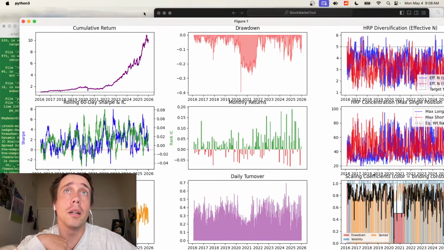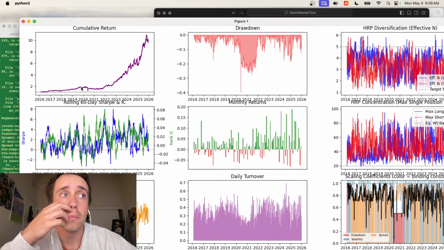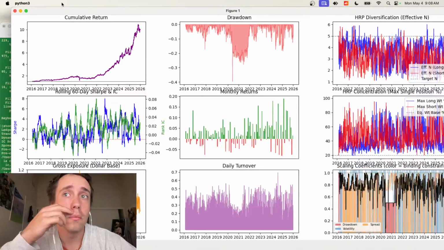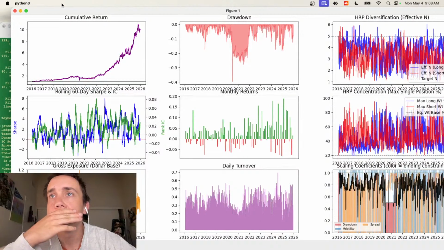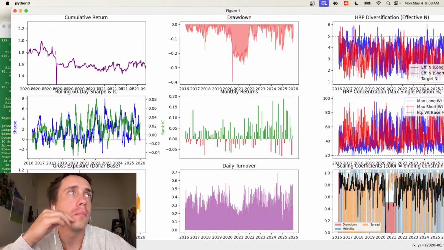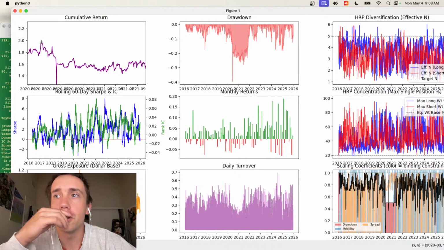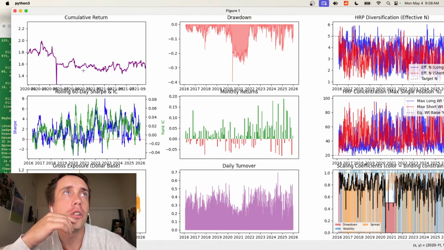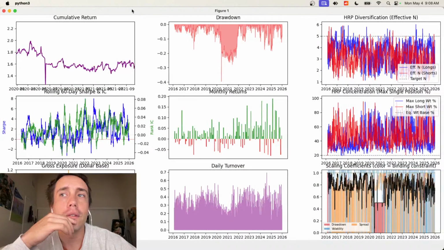Actually, really not that bad. So it would have dropped from 100% gain in March of 2020 down to, what is that, like 40-some percent?